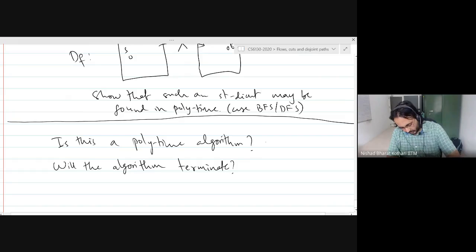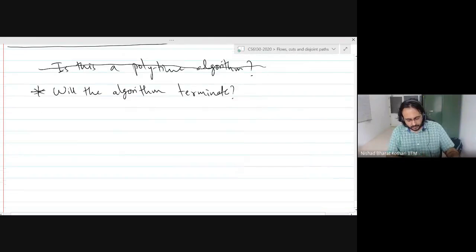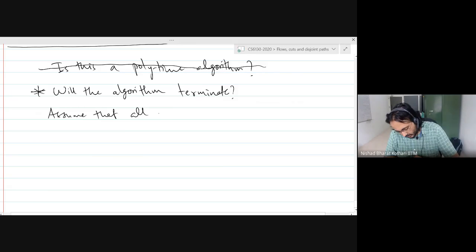So let's forget this one. Okay? Let's ask the more basic question. Will the algorithm terminate? So let me simplify it. Assume that all capacities are integers. Now will it terminate?